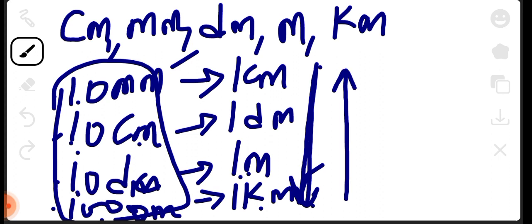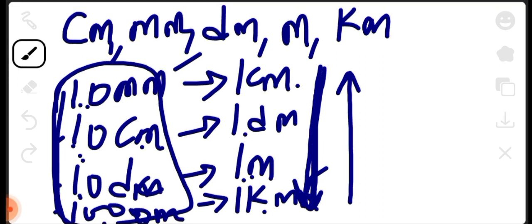So if you are converting from a bigger unit to a smaller unit, let's say you want to convert from meters to millimeters, you have to multiply by their relationship. If you want to convert from millimeters to meters, you will divide by 1000. For example, let's say convert 10 millimeters to meters. What is the relationship between millimeters and meters? 1000.